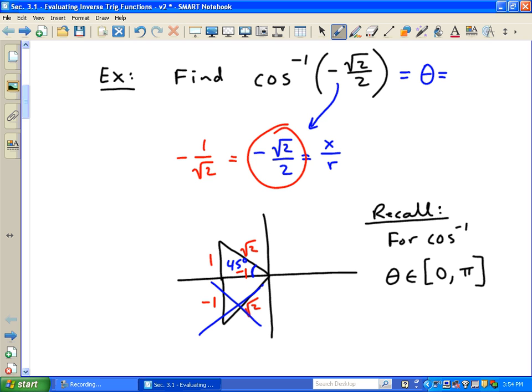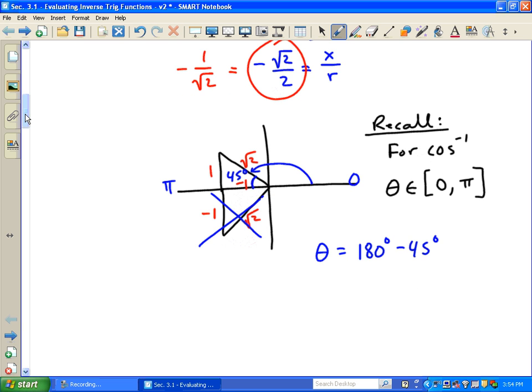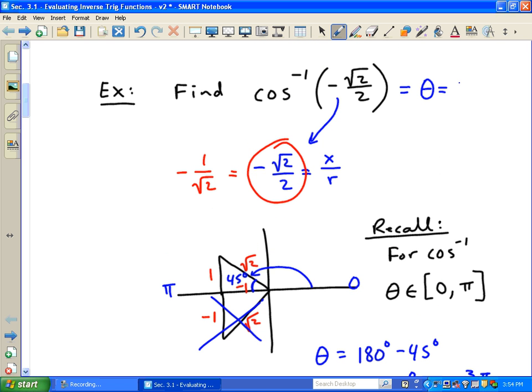Because we're looking between 0 and pi, theta would be 180 degrees minus 45 degrees, which is 135, or 3 pi over 4. So the answer is either 135 degrees, or in radians 3 pi over 4.